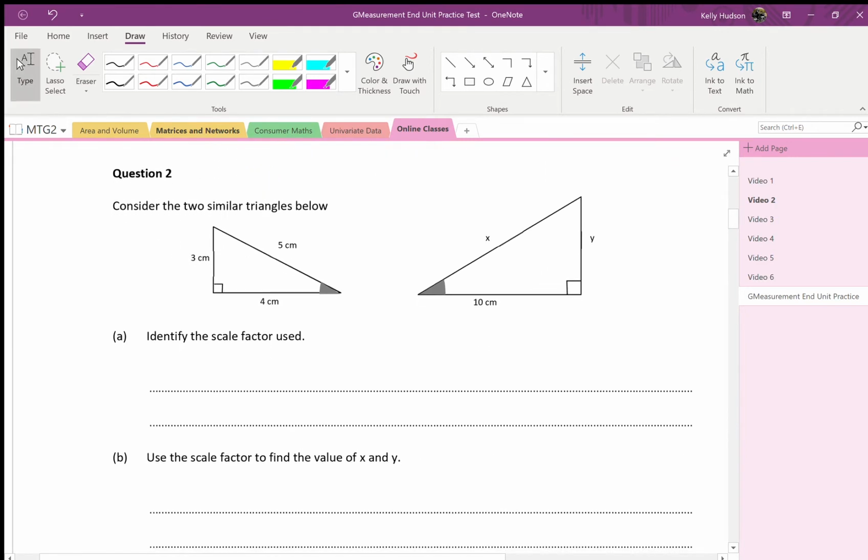Question number 2, we've got a triangle and we have to identify the scale factor. So we've got two sides, 4 centimetres on the scale and 10 centimetres on the real. So what we need to do is to work out the scale factor, and the scale factor will be equal to the real size, which is the 10, divided by the 4. So the 10 centimetres aligns with the 4 centimetres in the triangle.